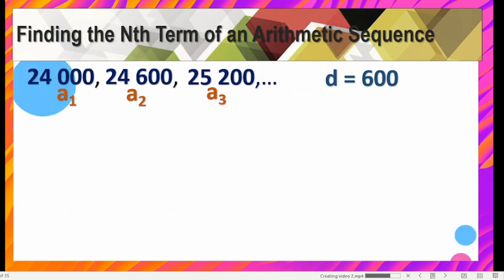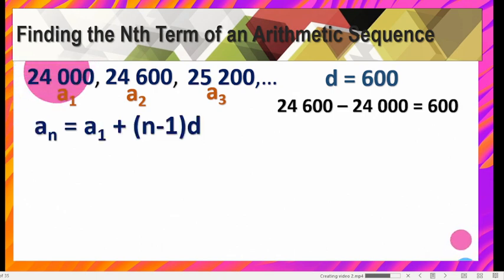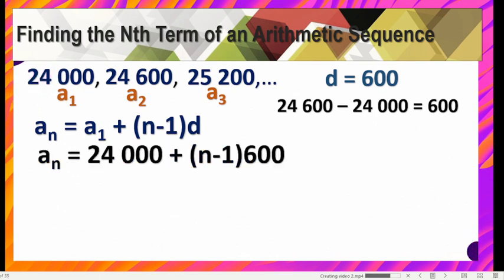Now, using the general rule or the general term for an arithmetic sequence, we just simply substitute or plug in all the known values. So, we'll have a sub n equals 24,000 plus the quantity of n minus 1 times 600. Using the distributive property, we'll have 600n minus 600.